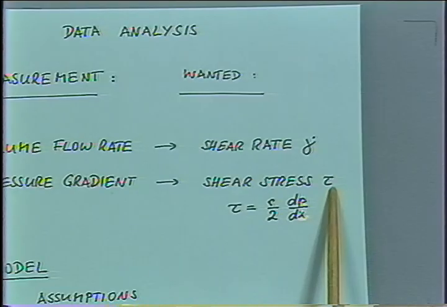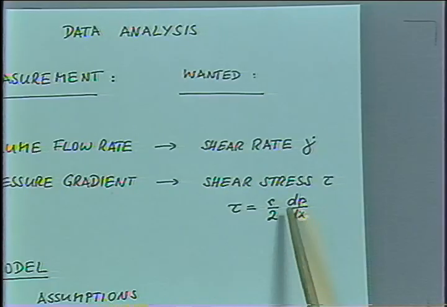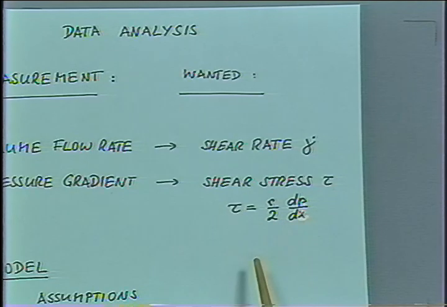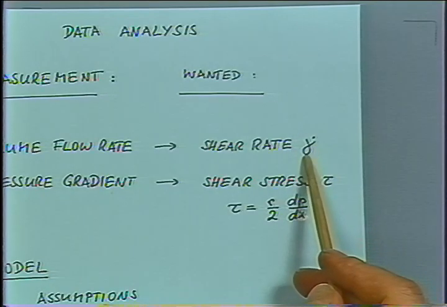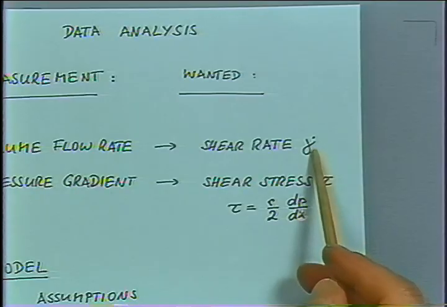And as you know from the momentum balance, we went through the detail of the stress today. You know already that the shear stress is related to the pressure gradient by a linear function. It's just R over 2 times the pressure gradient. So if we know the pressure gradient, we know the shear stress in the entire cross-section of the capillary. But we don't know the shear rate. We are stuck so far. And that needs some more involvement to find the shear rate.